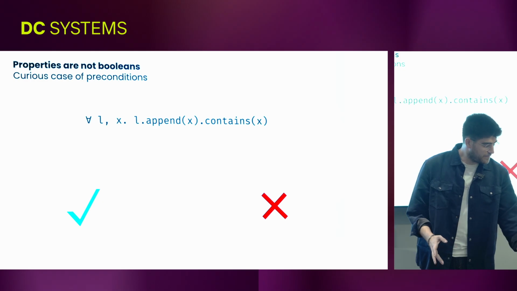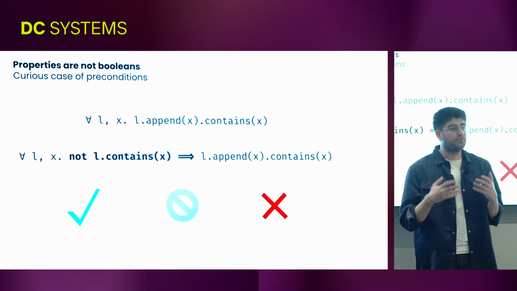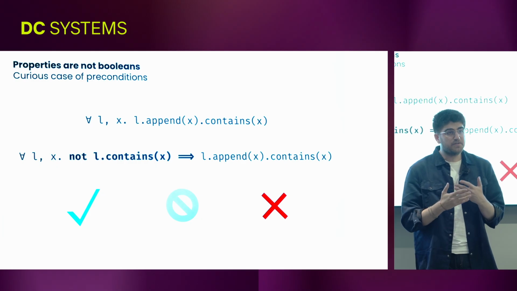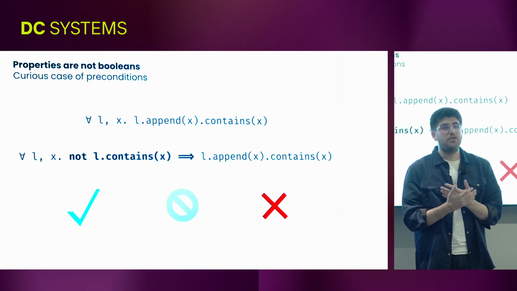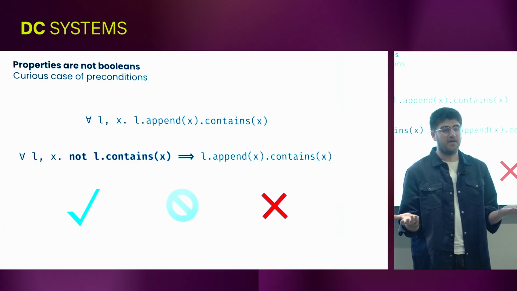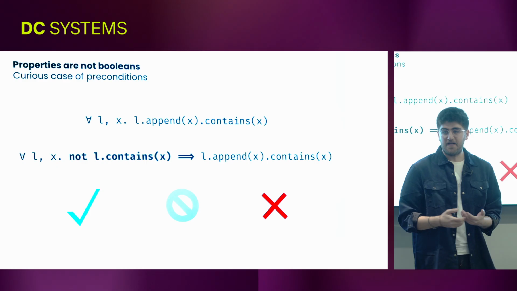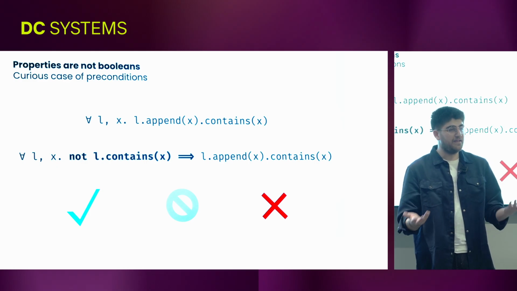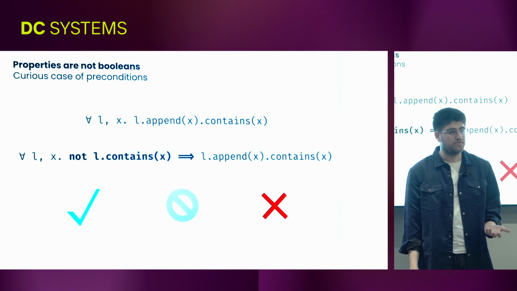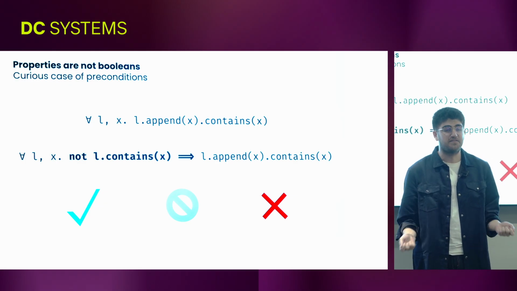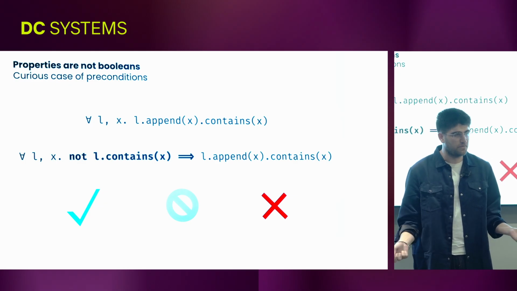But the problem though is, is the property itself always valid? Because sometimes you don't even want to check the property because the initial state isn't even valid. And this here, it says, if the initial list already contains X, then appending it and then checking if it contains it again, it only gives us one piece of information, that the append call actually doesn't remove X. And that's not very useful.